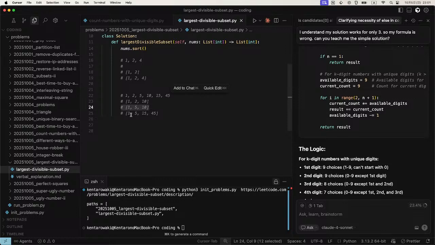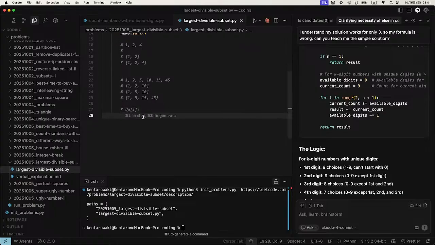So let's define the DP. What is it for? DP[i] means the largest subset at this point. Largest subset at this point?